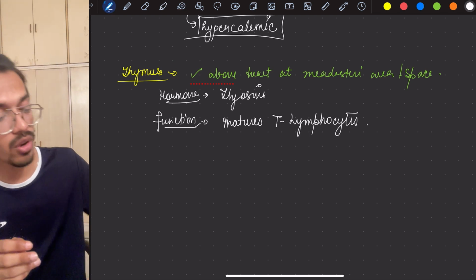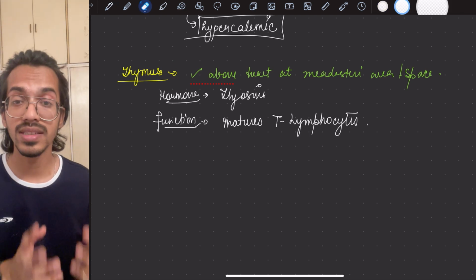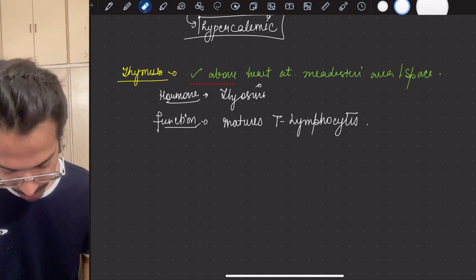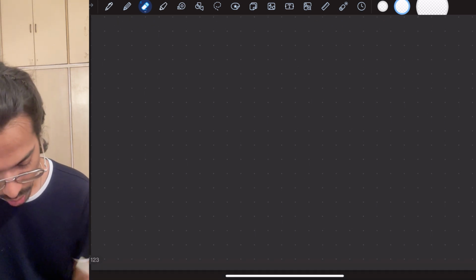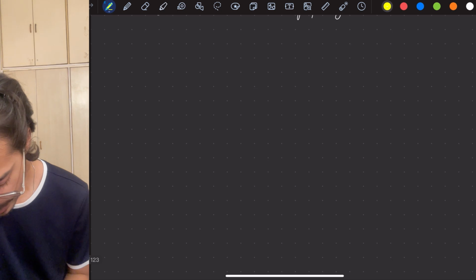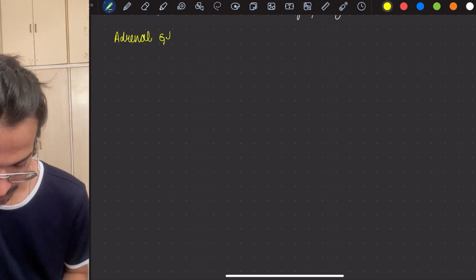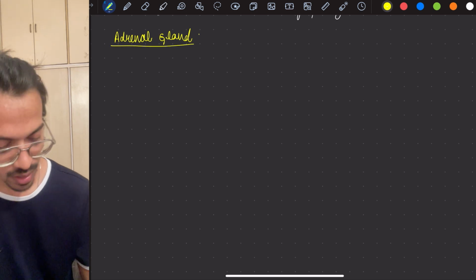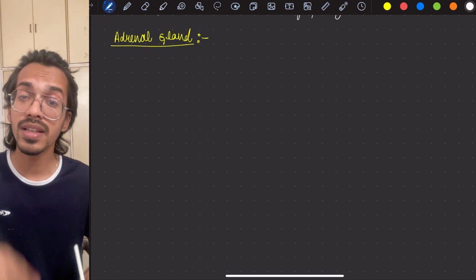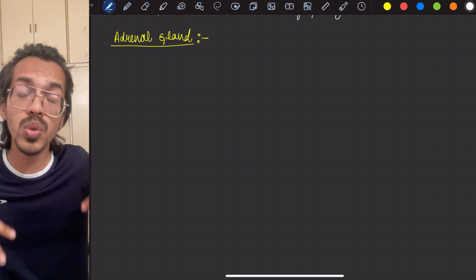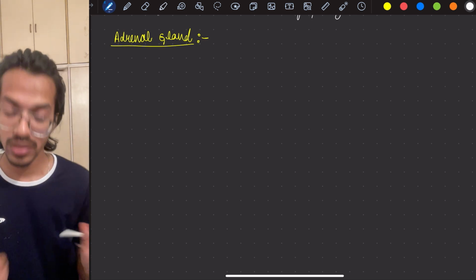Okay, moving on from the thymus, the next gland is the adrenal gland. So the next gland that we're going to study is the adrenal gland. Where is it present? It is present superior to the kidneys.